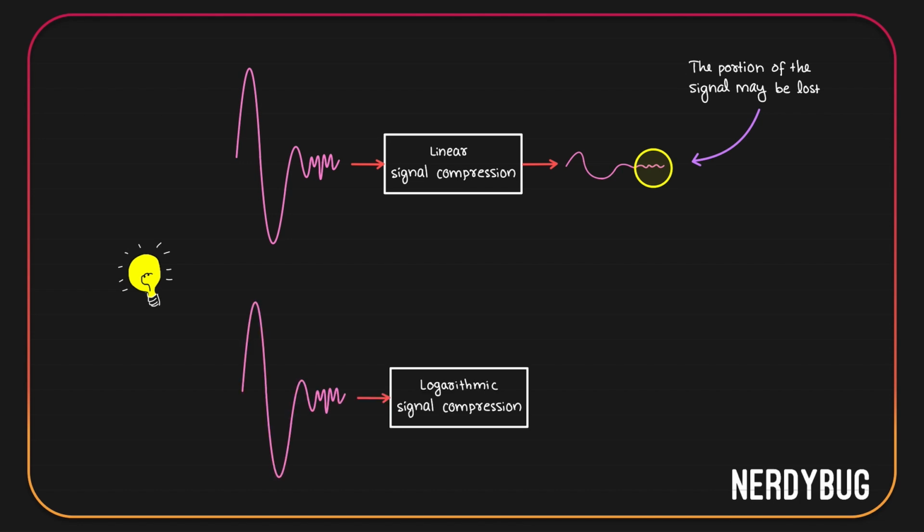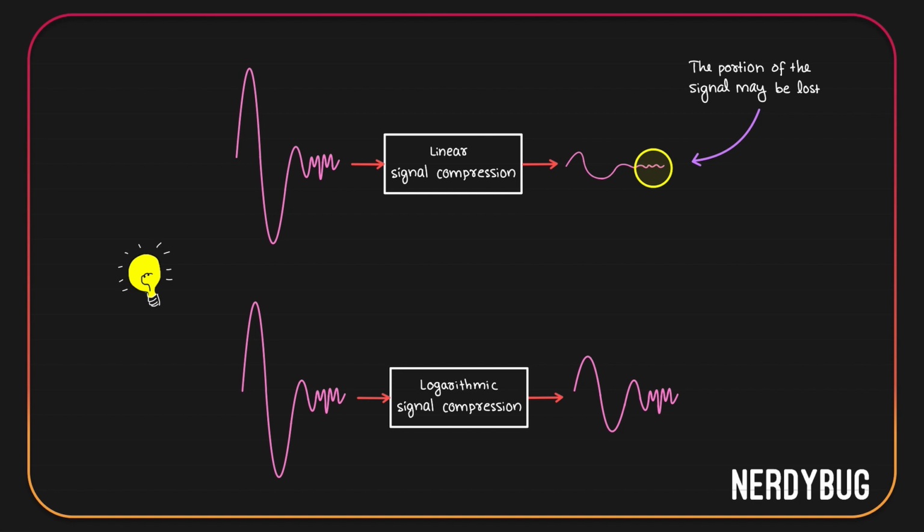If we use logarithmic signal compression, this is how the output will look like. Bigger changes have become smaller, but the smaller changes are almost the same size. When you pass a signal through a logarithmic circuit, the small amplitudes stay almost the same, but the large amplitudes shrink a lot. That's because logarithm doesn't look at how much the signal has increased.